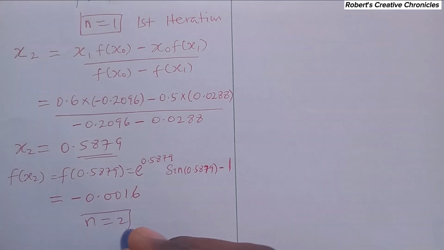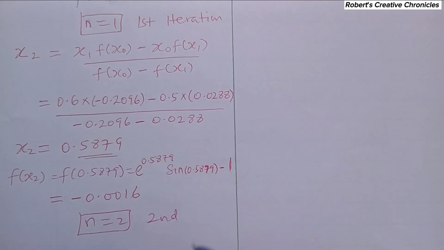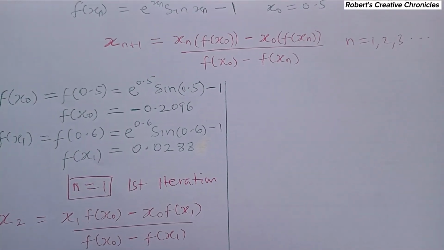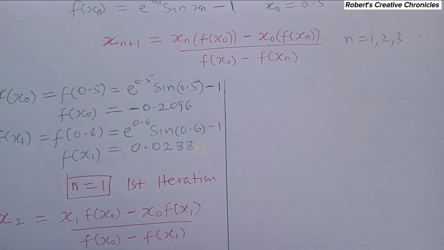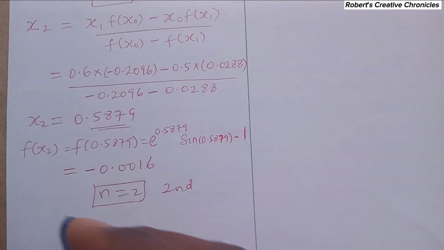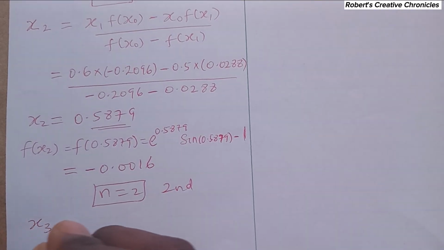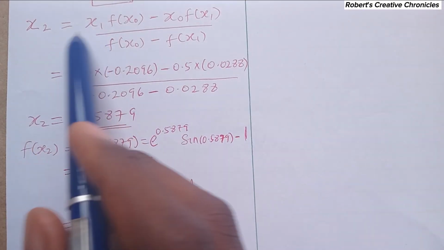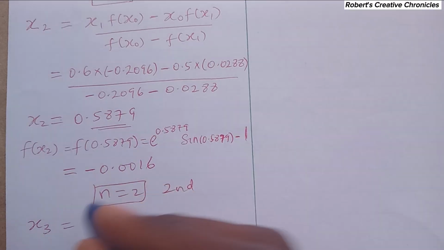So now we'll do the second iteration. n is equal to 2. So when we substitute n is equal to 2 in this equation, we'll get x3.